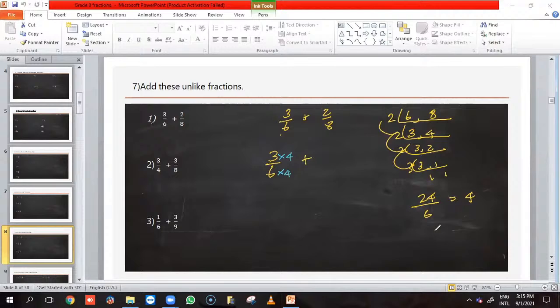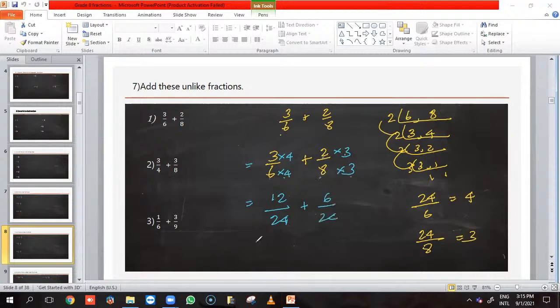Now to convert this to common denominator, 24 divided by 3. Then you can multiply over the line and below the line by 3. Now look at here. 3 times 4, 12. 4 times 6, 24. Plus here 6 over 2 times 3, 6. 8 times 3, 24.